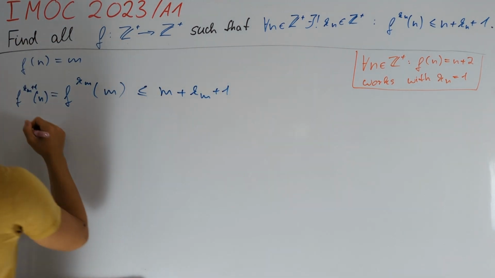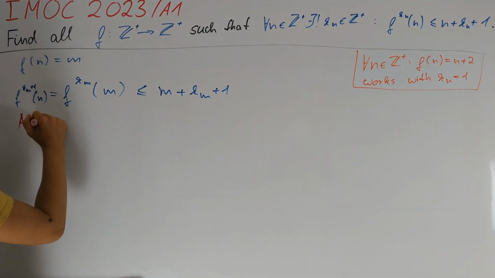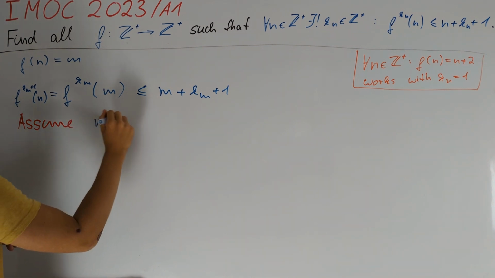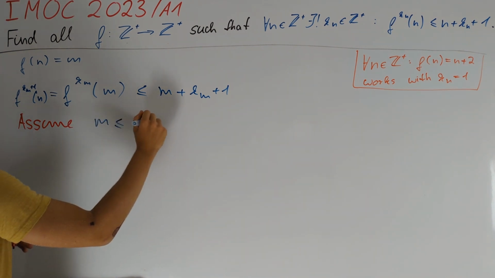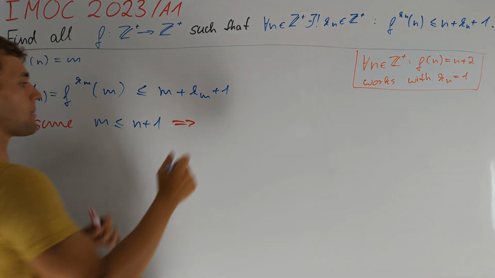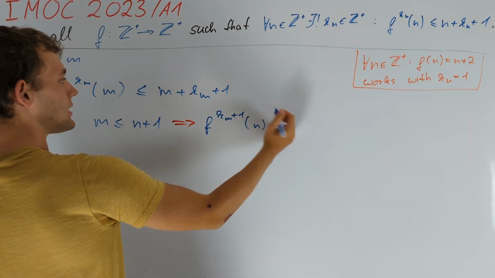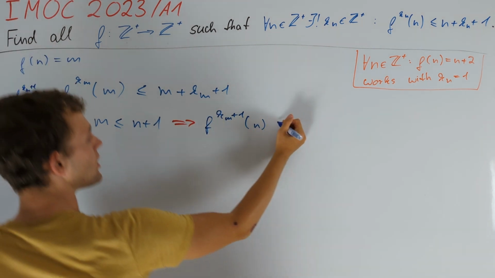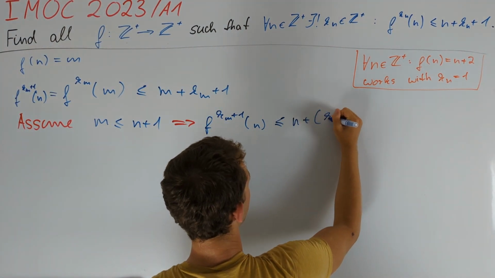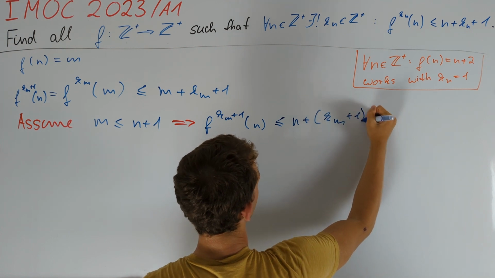In particular, if we assume that m is less than or equal to n plus 1, then we will be exactly in that case. Namely, we obtain that f applied k_m plus 1 times to n is less than or equal to this quantity, which in turn is less than or equal to n plus k_m plus 1 plus 1.